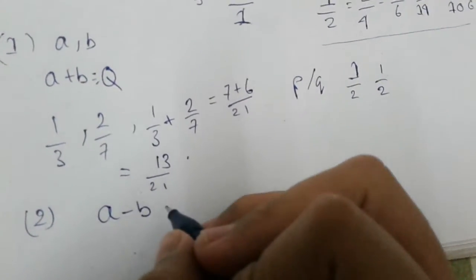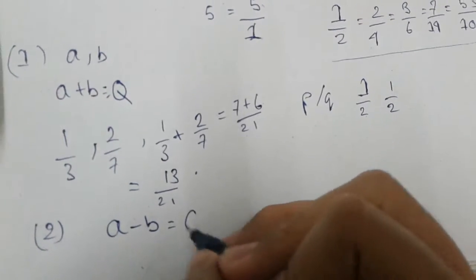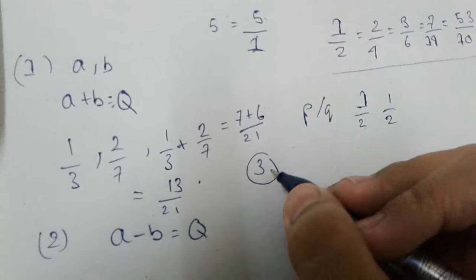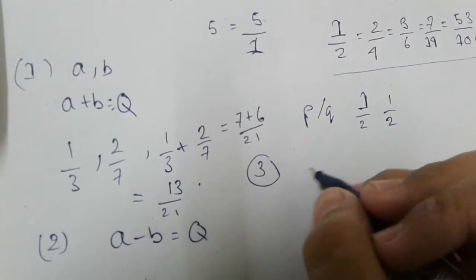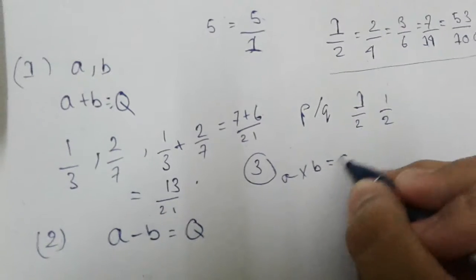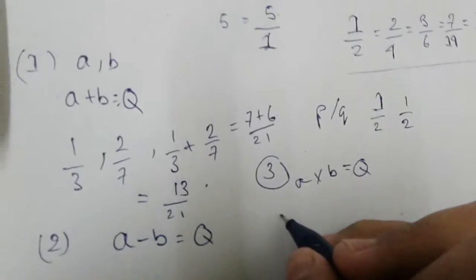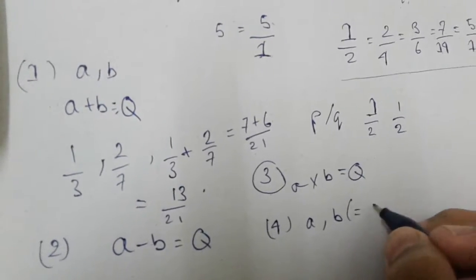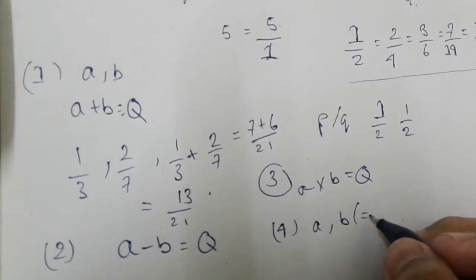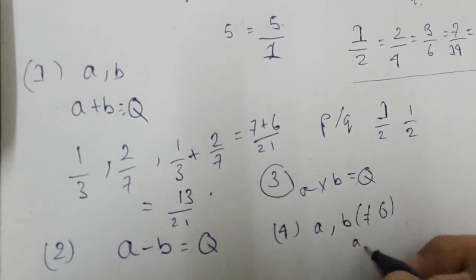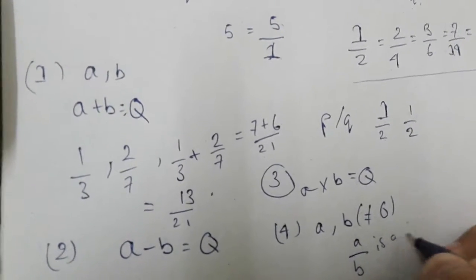So if a and b are rational numbers, we subtract them, we get a rational number. The third property is: if a and b are any two rational numbers, then a into b also gives a rational number. And the fourth property is: if a and b are any two rational numbers and b is not equal to 0, then a by b is also a rational number.